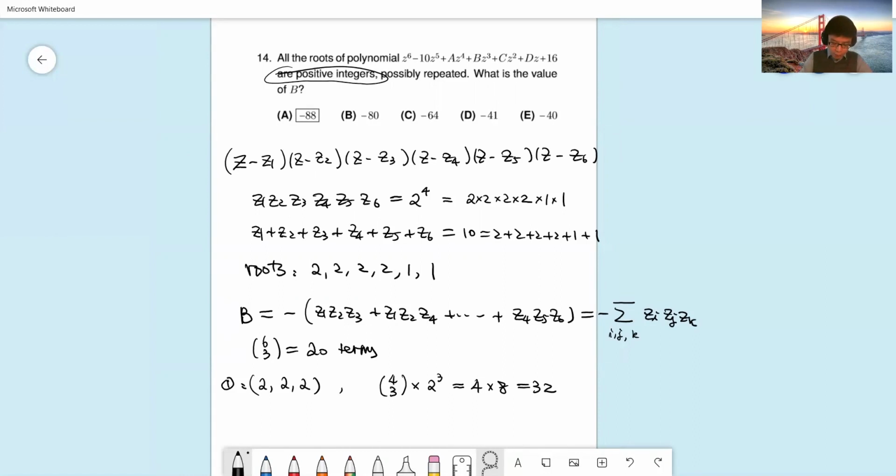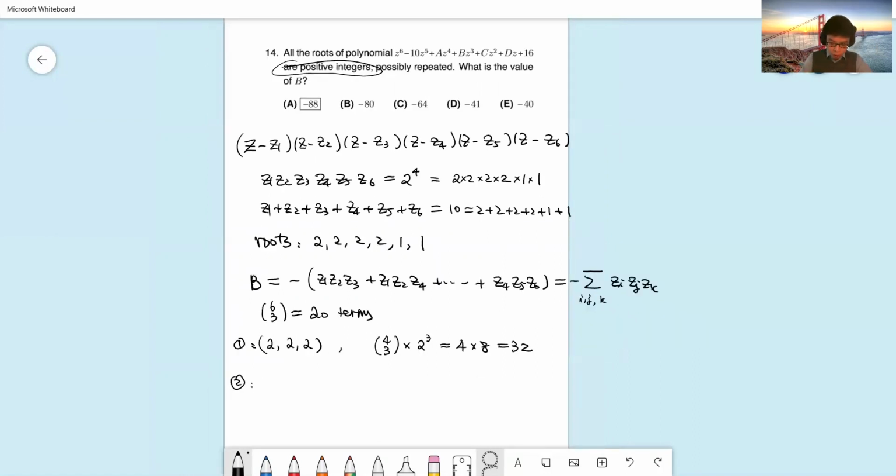The second type of combination: the 3 roots are 2, 2, 1. To choose 2 twos, we have 4 choose 2, and to choose a 1, that's 2 choose 1. The product has value 4. So this is 6 times 2 times 4, which is 48. In the third case, we have only one 2 and the other roots are 1 and 1.